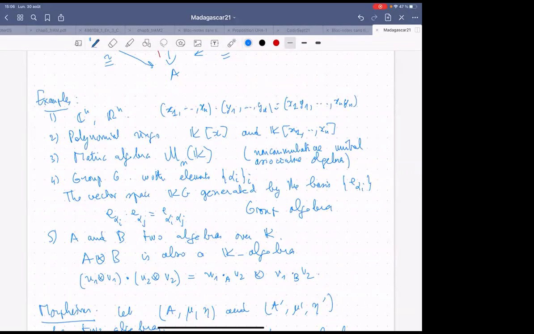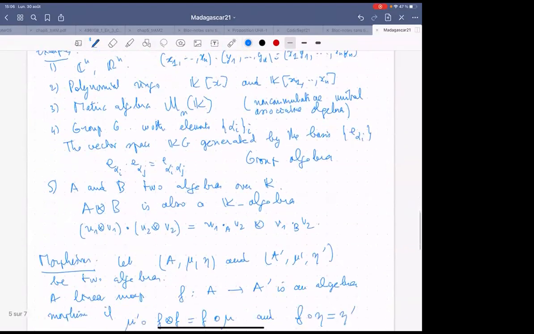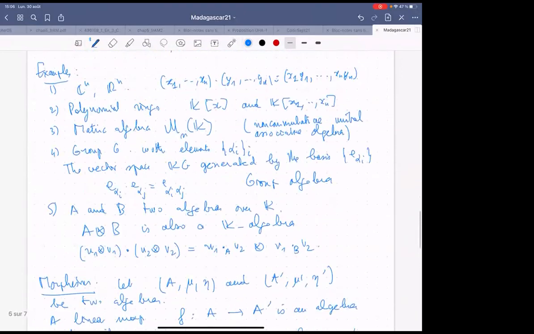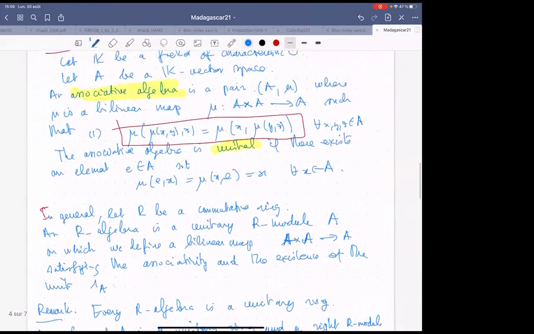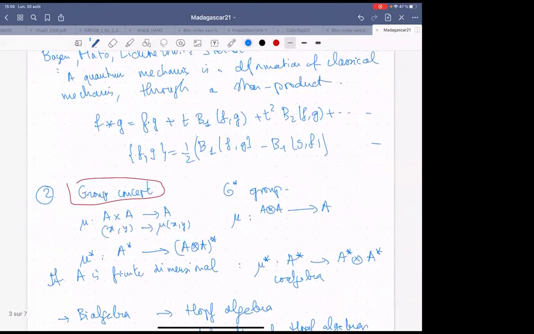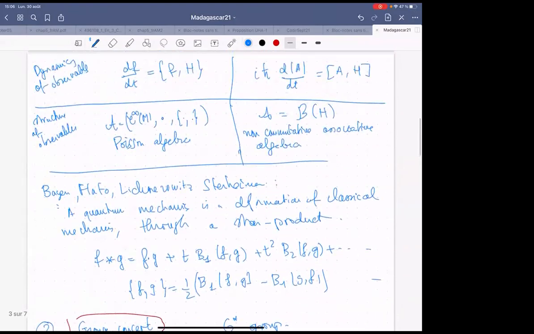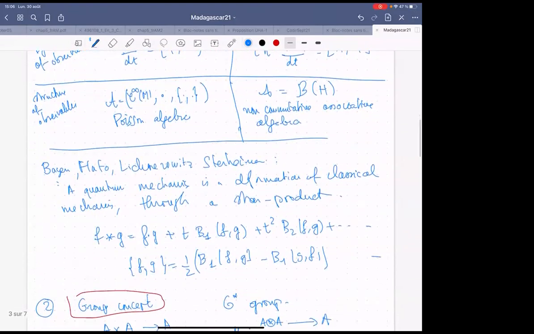You wrote the Poisson algebra and the analogous Hopf algebra. So is it a simple analogy or a one-to-one map?